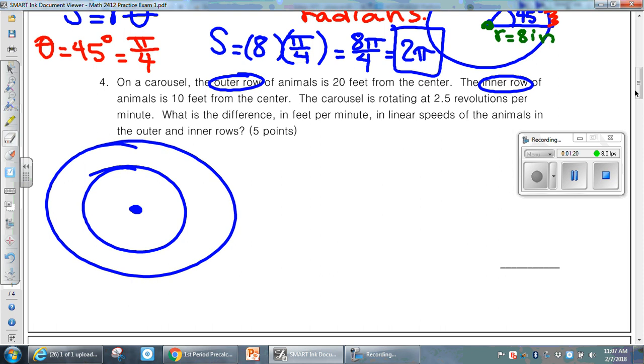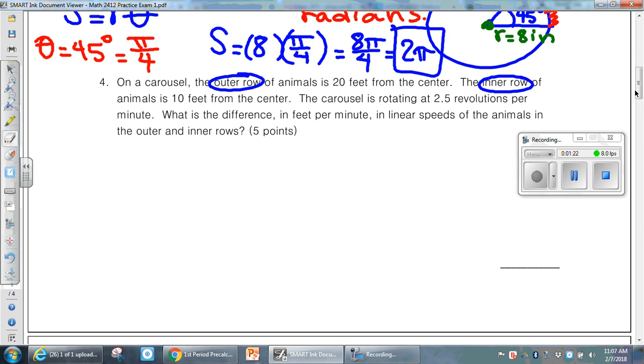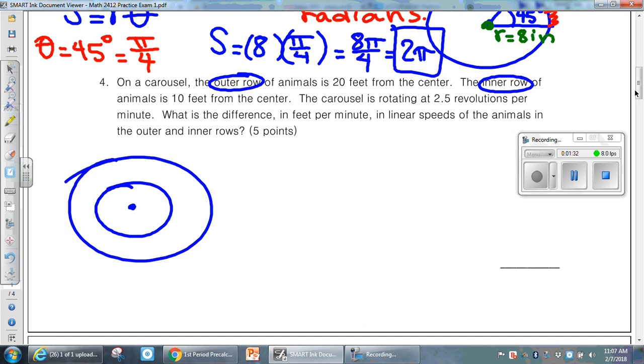It's not to scale, hold on. So that one's 10. Okay, that makes more sense. So this part right here is 10 feet, and then the radius for the big circle is 20.